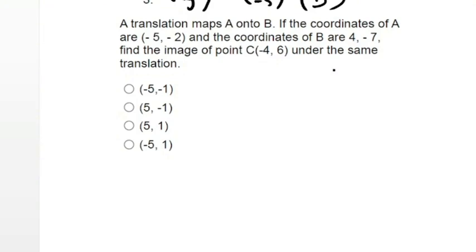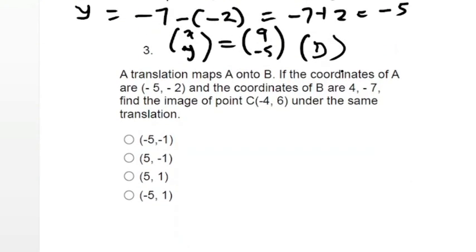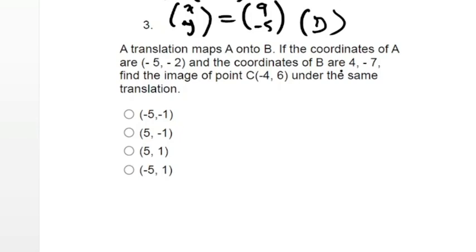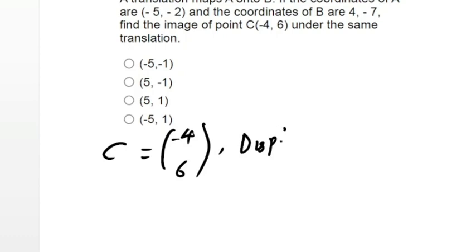If you check questions 2 and 3, they have the same information, but we have additional information of C. So we are looking for the image of C. C is given as -4, 6, and the displacement factor from question 2 is 9, -5.